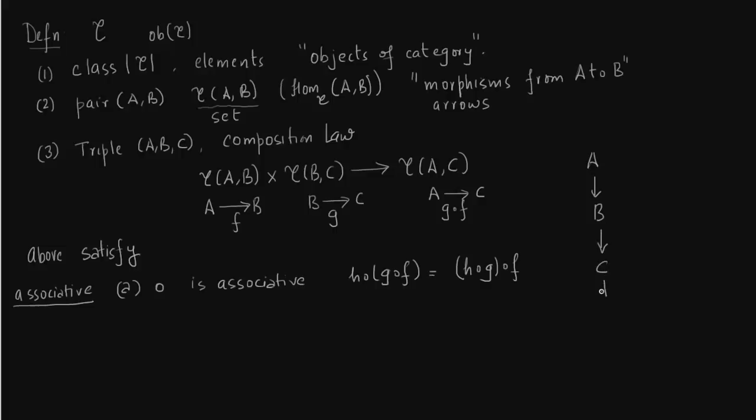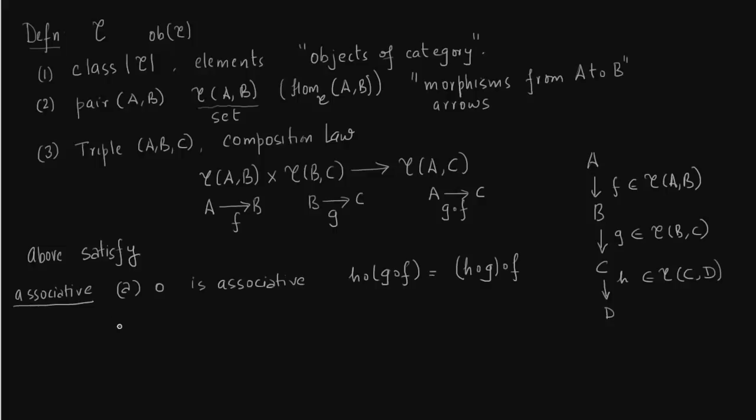A to B to C to D, we have F, which is an arrow from A to B, G an arrow from B to C, and H an arrow from C to D. So we will write this down clearly. We can also call F a morphism from A to B, G is a morphism from B to C, and H is a morphism from C to D.